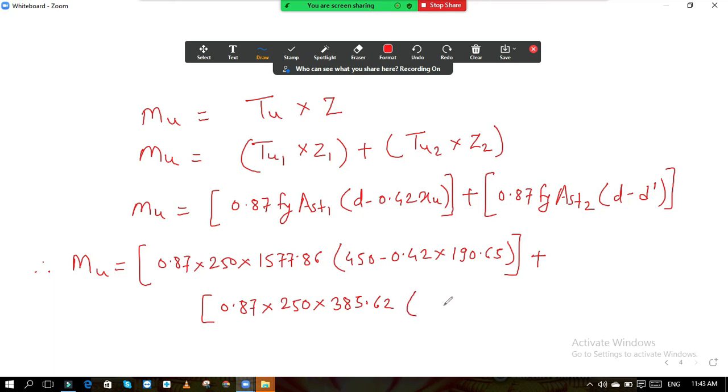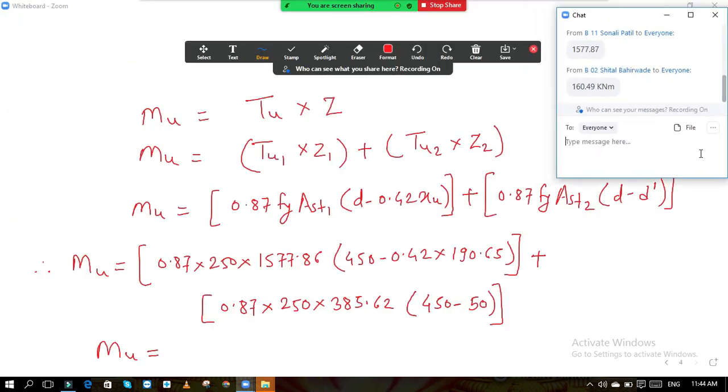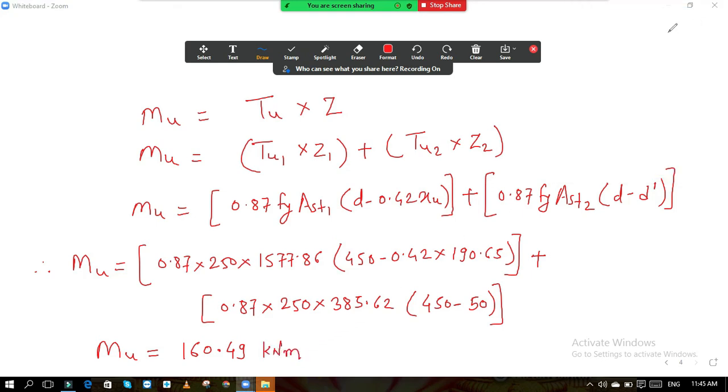Here in the bracket, d minus d dash, so 450 minus 50. Now if you solve these two brackets, you will get the value of Mu, 160.49 kilonewton meter. So this is our final answer.